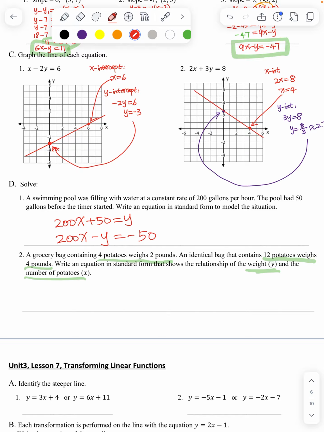The first point is the number of potatoes is 4 and the weight is 2 pounds, right? And then the second, an identical bag, not the same, another bag is 12 potatoes. How many pounds? 4 pounds. So we need to figure out the slope.